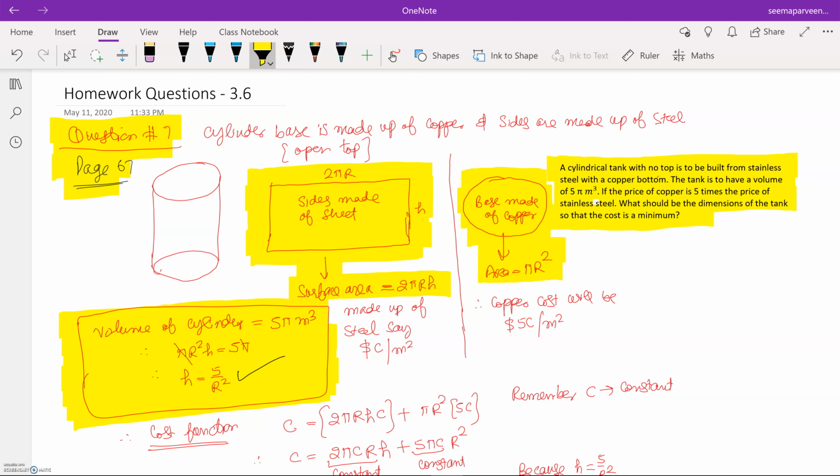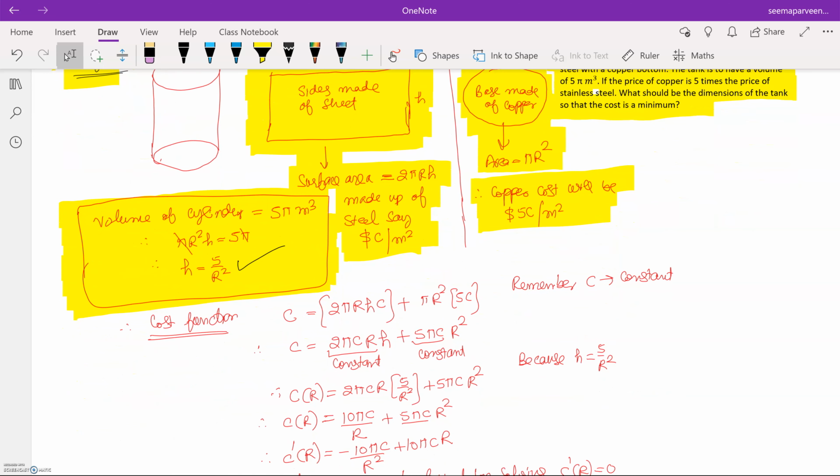It doesn't matter. I didn't even substitute any value. I know C could be anything, so I assume C as the cost per meter square for the stainless steel, and therefore copper will cost me 5C dollars per meter square. Could be in cents, doesn't matter. So that's why I assume C as a constant.